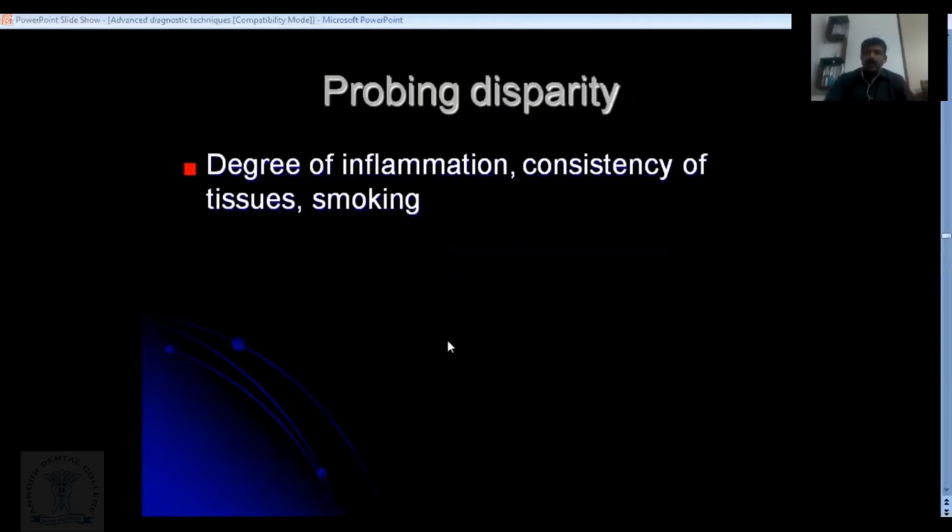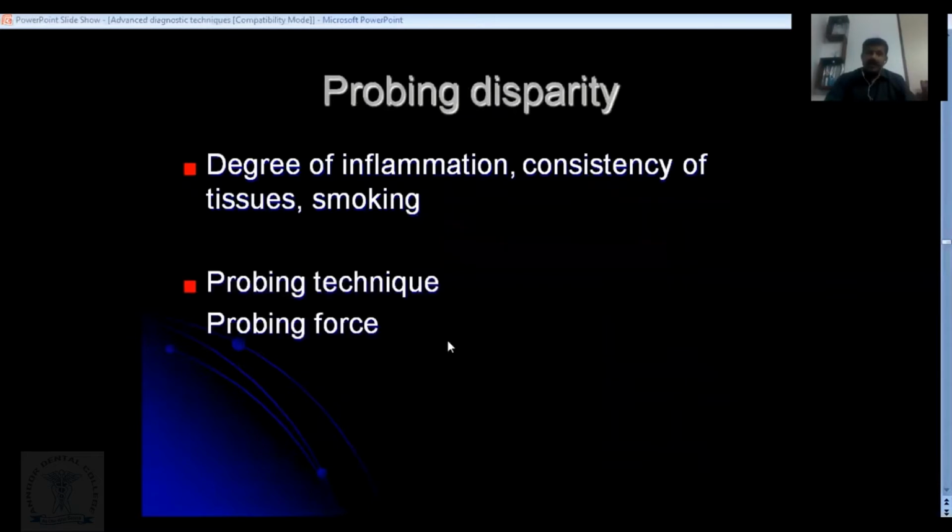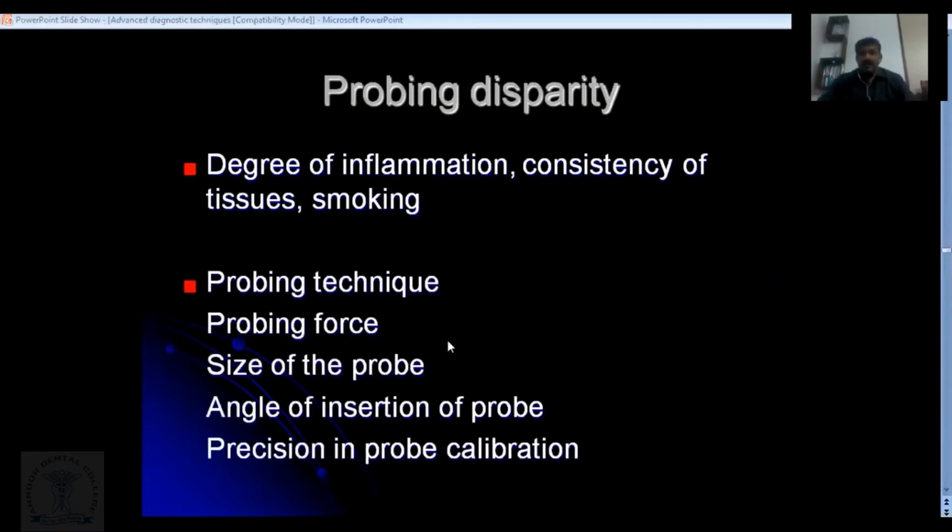And what are the reasons for these disparities in probing? One is the tissue. When you look at more fibrotic tissue, the probe won't pass easily in a fibrotic gingiva.